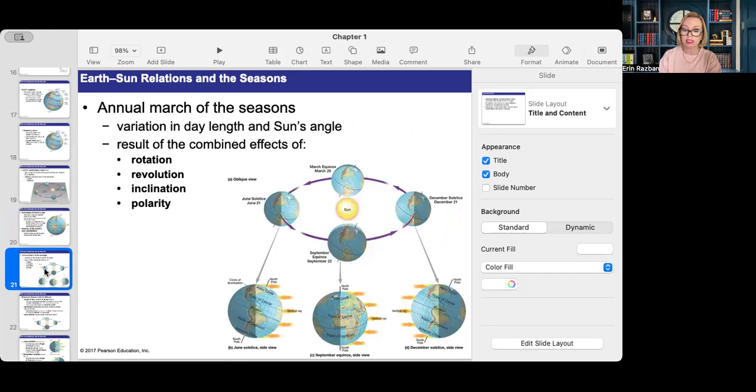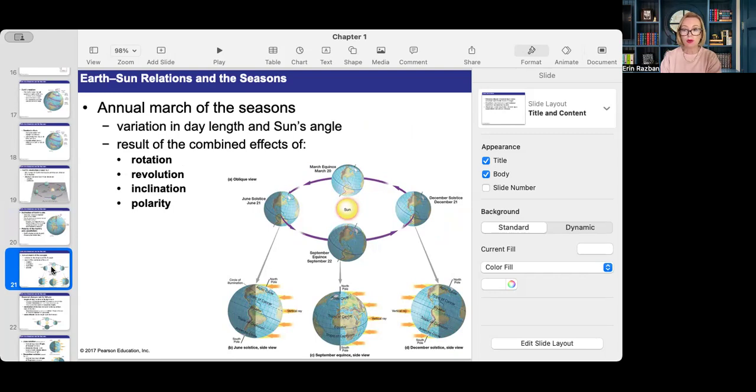Let's walk through the year's major points. During the June solstice, around June 21st, the northern hemisphere is tilted most directly toward the sun. The sun's rays hit the Tropic of Cancer, which is at 23.5 degrees north, at a direct 90-degree angle.